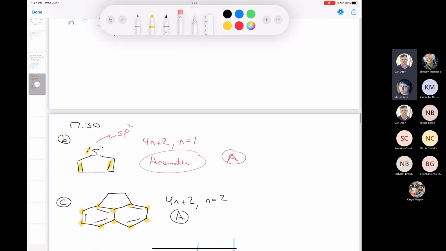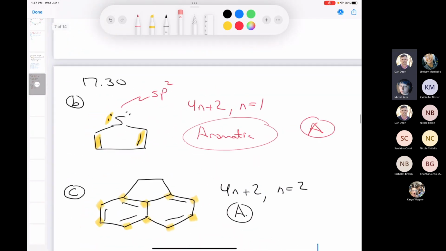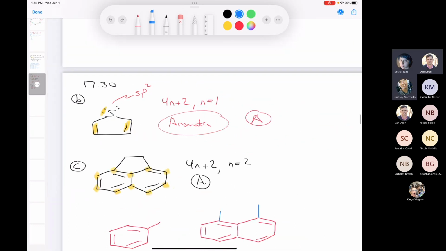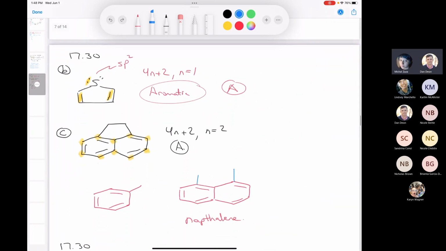Like if we go back to thiophene, if this sulfur was sp3 hybridized, then the compound would be non-aromatic because it wouldn't have a continuously overlapping system of p orbitals. But there's nothing it could do to be anti-aromatic. That would be impossible. So does that make sense?